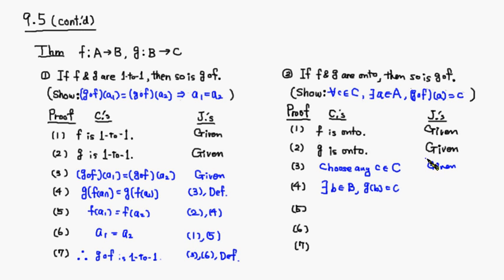I'm using the fact that g is onto, which is line 2, and also line 3.